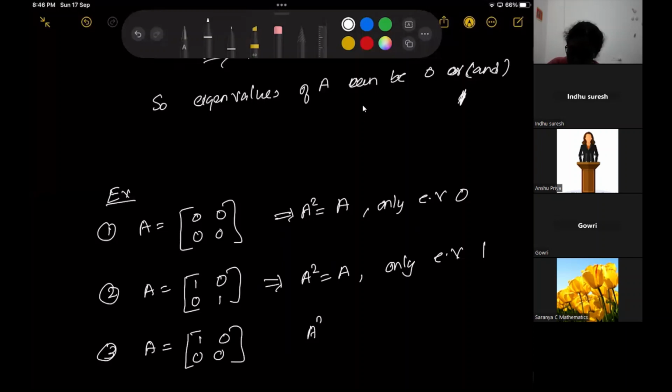Okay. A square is A. Here both 1 and 0. See, this is a diagonal matrix. We can see 1 and 0 are eigenvalues. So all the possibilities are there, but for any idempotent matrix, the only possibility for eigenvalues is 0 or 1.